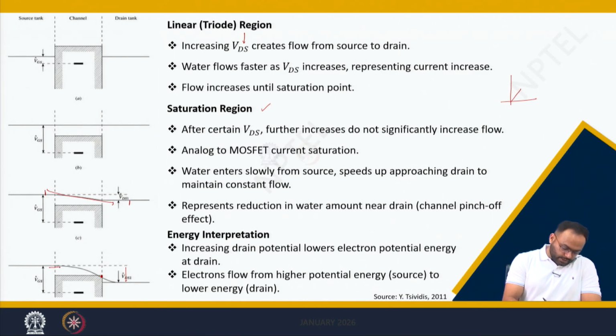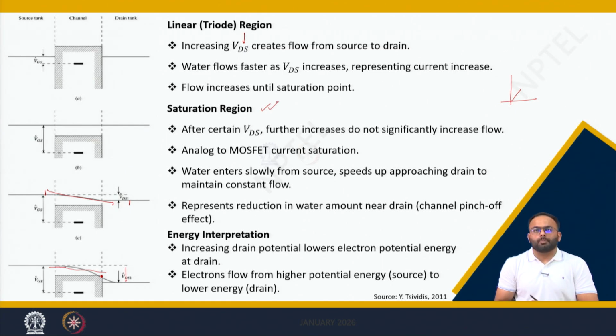The water enters slowly here, but it goes fast enough to maintain the constant flow. That is what gives us the saturation region of operation in a MOSFET. We will again discuss these characteristics when you plot the characteristic between drain current and drain to source voltage.